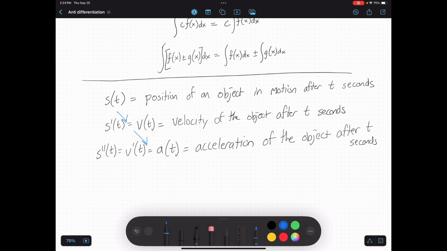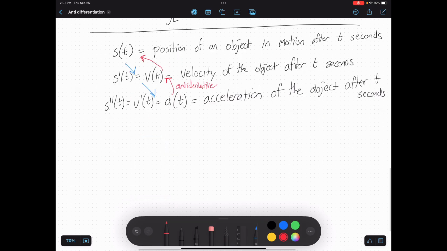Remember though, an antiderivative is just moving the opposite direction. So antiderivatives would be moving this direction. Therefore, if I were to take the antiderivative of my acceleration function, notice how I'm using dt now because my independent variable is t.